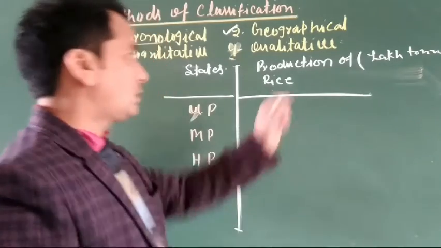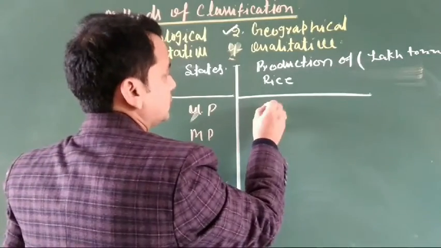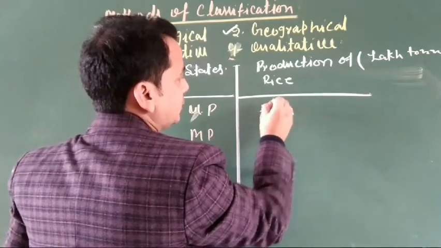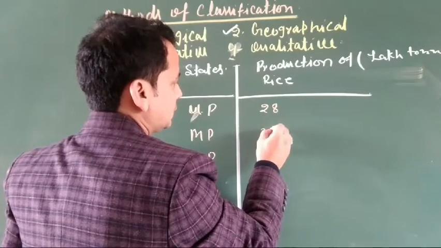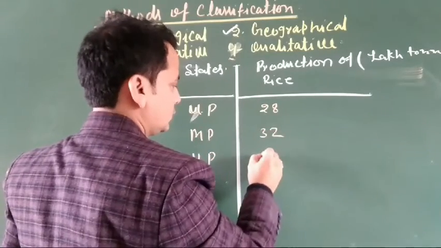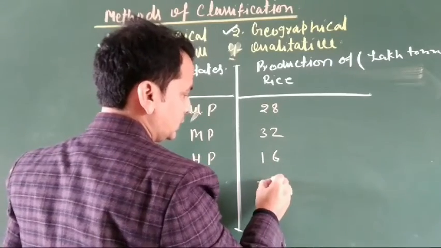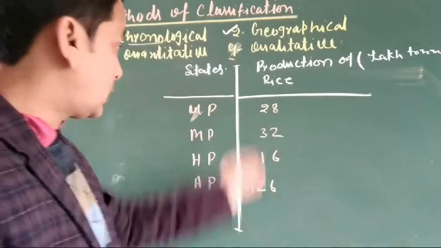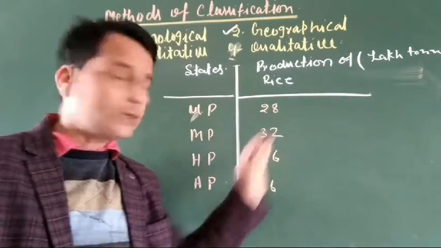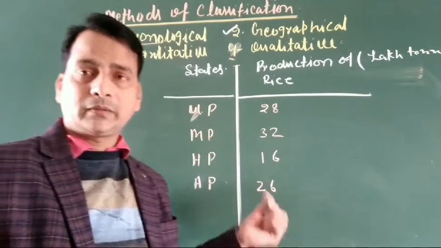The production of rice in UP is 28 lakh ton, then 32, 16 and 26. Here is the statistical data related to the states.